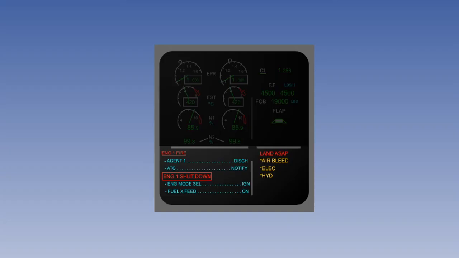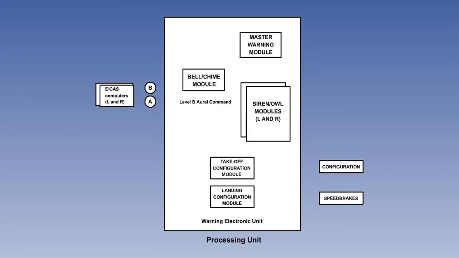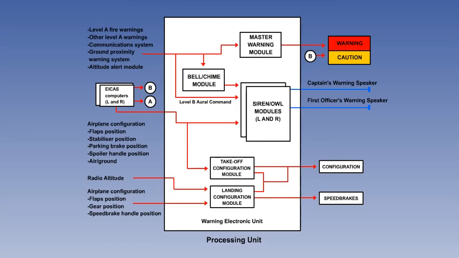Before we understand the details of different types and the different levels of alerts, we will very briefly examine the components that make up the flight warning system. The flight warning system consists of a processing unit, to which we have numerous inputs from various system sources, including engine, airframe, and air data sensors, as well as the ground proximity warning system and the traffic alert and collision avoidance system.